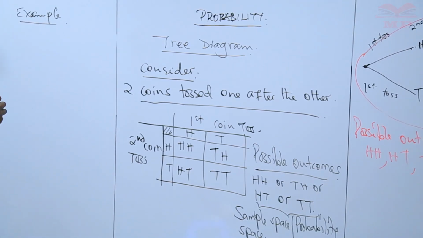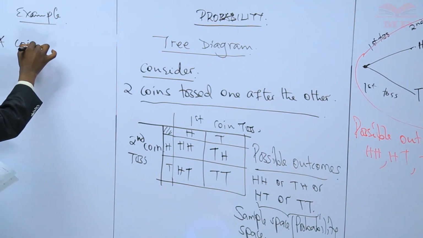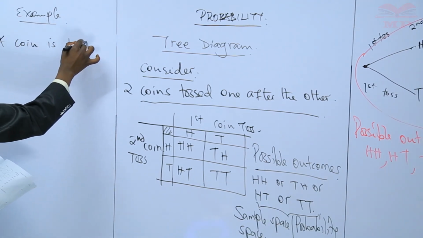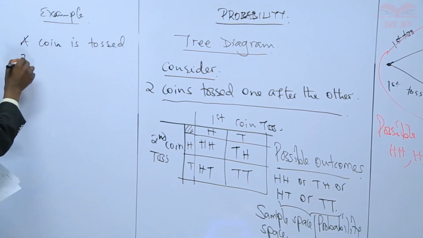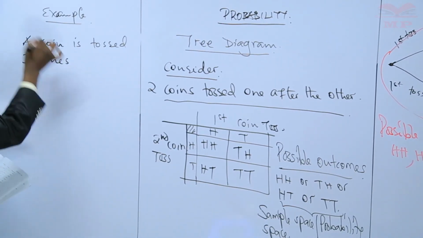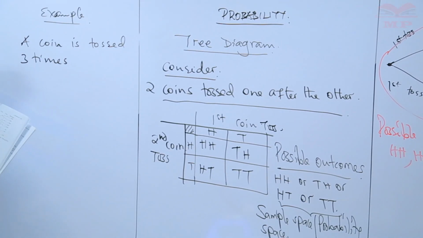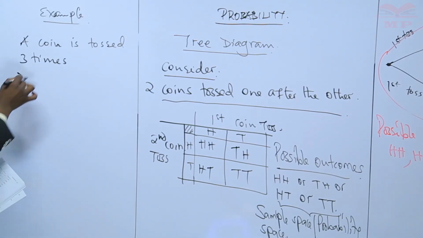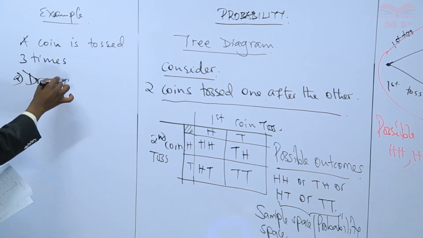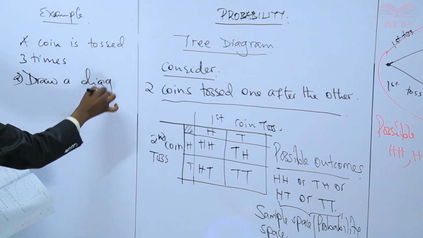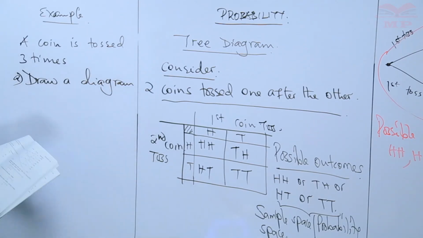A coin is tossed 3 times. A, draw a diagram to show all the possible outcomes.